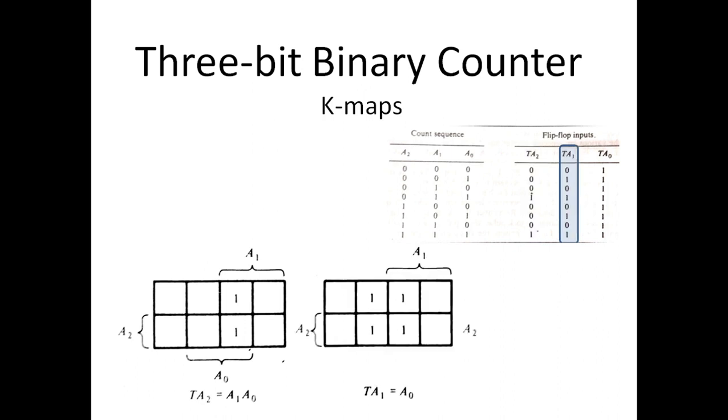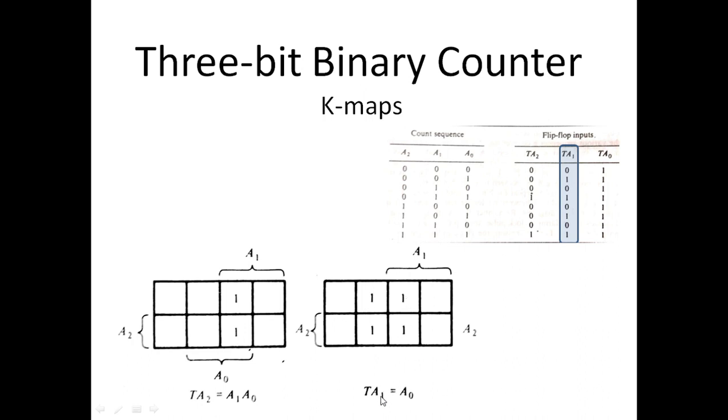This is the Boolean equation for TA2. Similarly, for TA1, it's again a 3-variable K-map. When we put these values onto the K-map for TA1, we get ones in these 4 squares. All of these 4 squares are adjacent to each other, so we can create a single group of 4 squares, and A0 covers all these 4 squares.